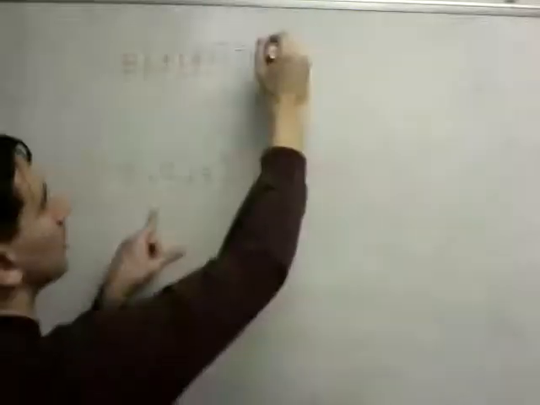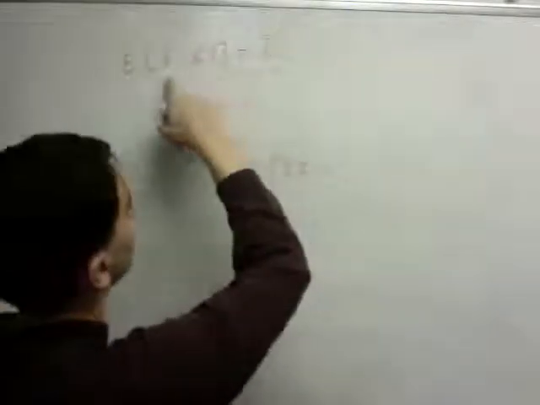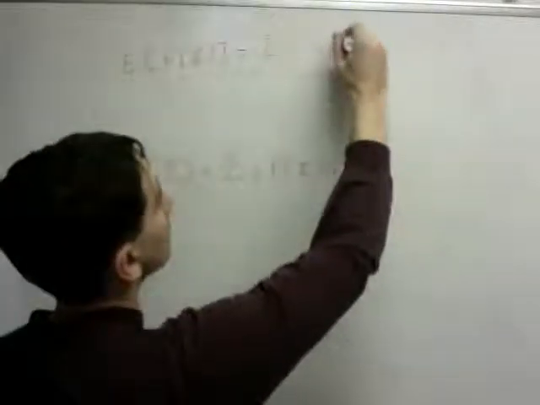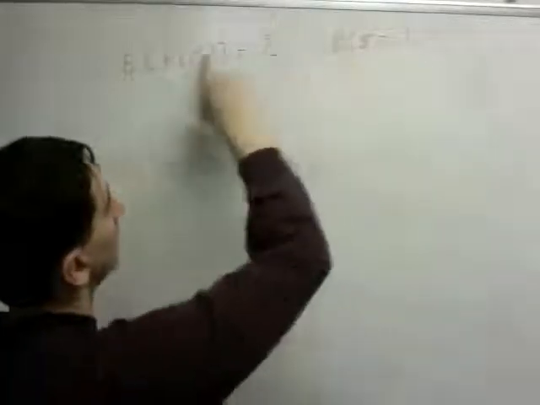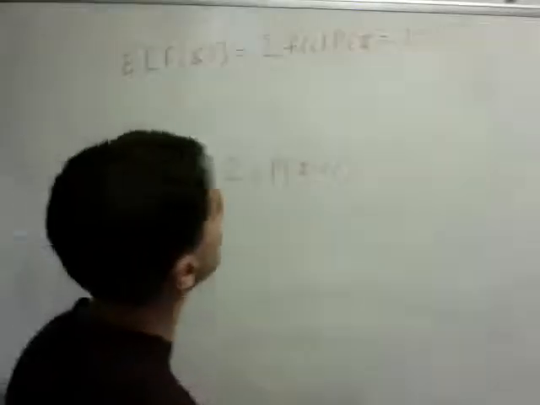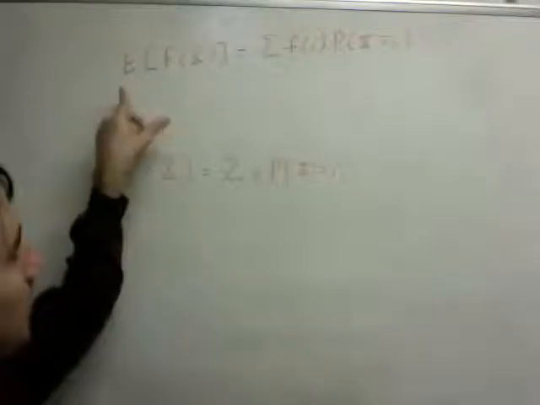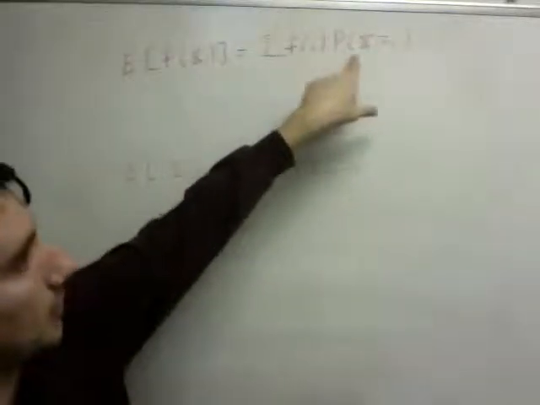Well, here we're going to sum over whenever x is i. We're still looking at x as the random part, right? f just goes from R to R. So it's the probability that x is i. But if x equals i, then you have to plug it in, and instead of getting i, you get f of i. So this is the expected value of a function of a random variable. It's the sum over f of i times the probability that x was i.